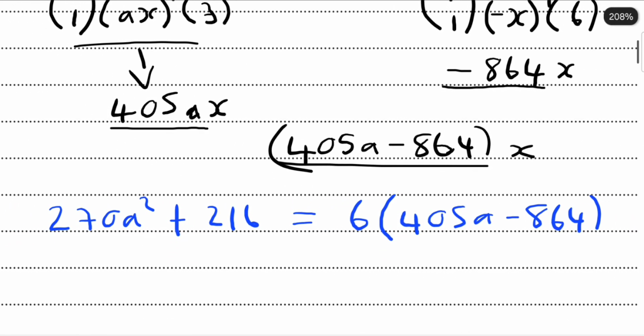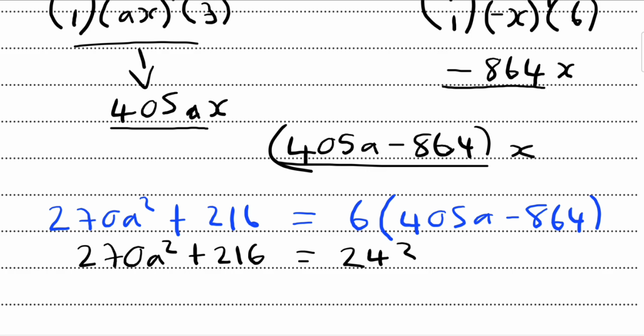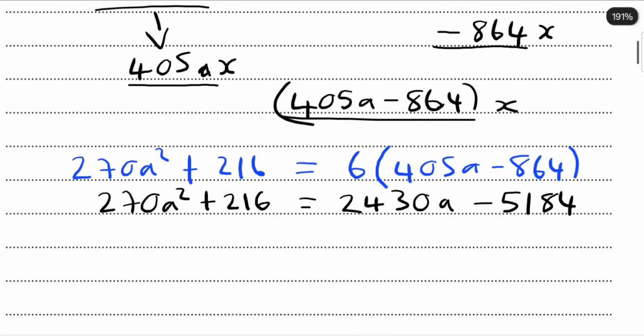And you can see that we can make an equation in a and solve it. So it will be 270a squared plus 216 equals 6 times 405, which is 2430a, minus 6 times 864, which is 5184.